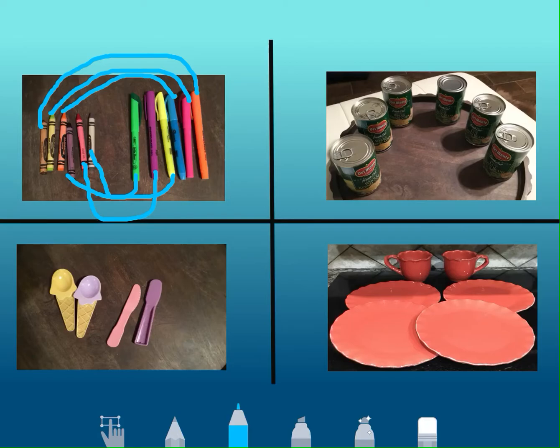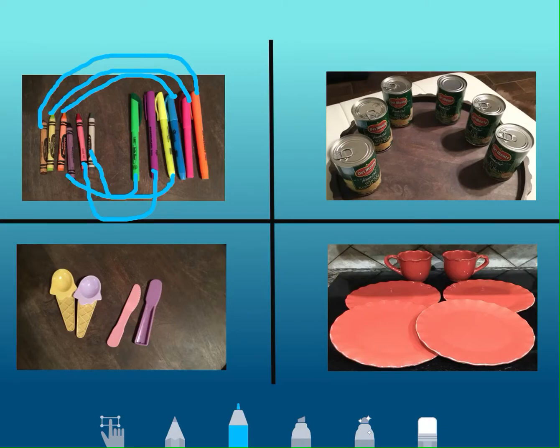Do I have any crayons left over that do not have a partner? It doesn't look like it. They all have a partner. Now, what about highlighters? Do I have a highlighter that does not have a partner? Here, here, here, here, here, here.